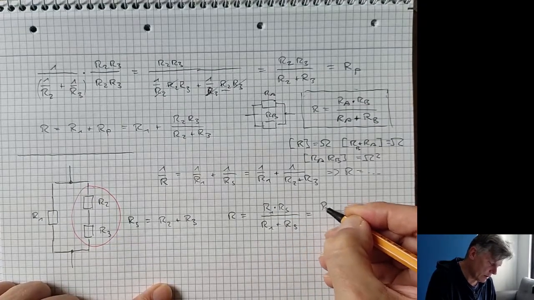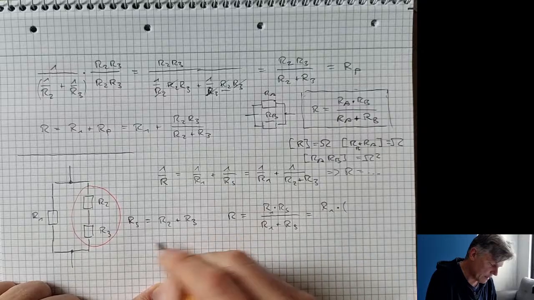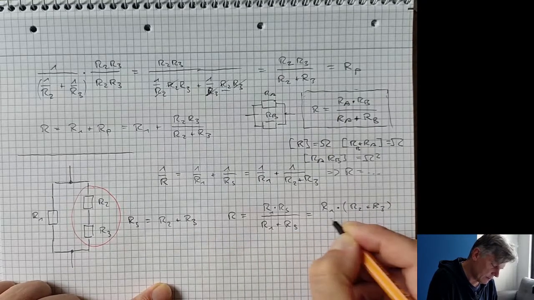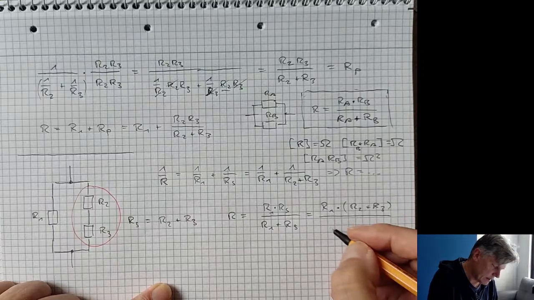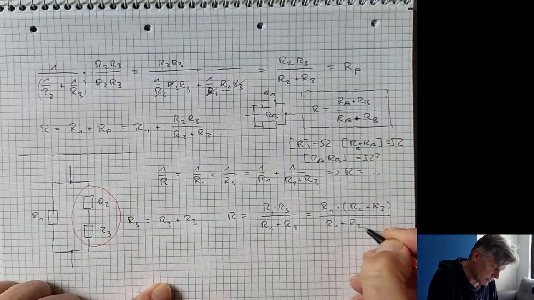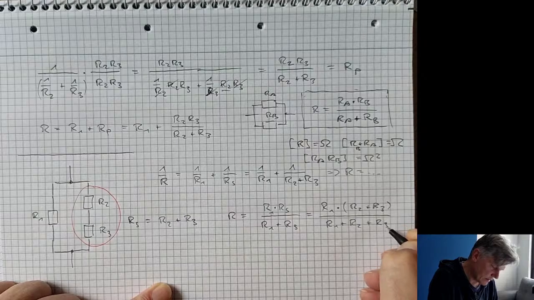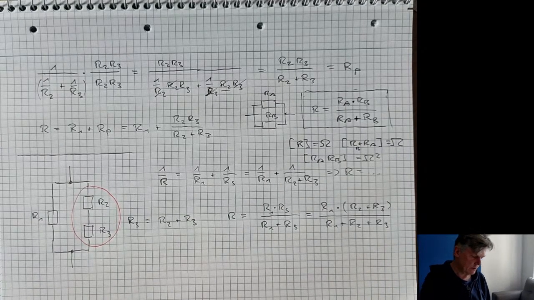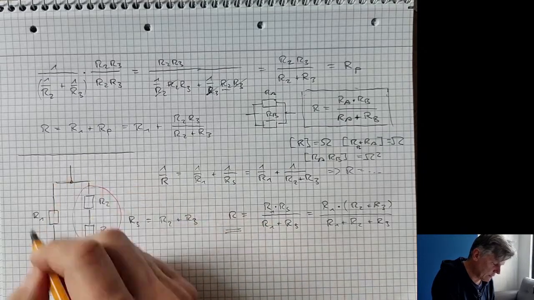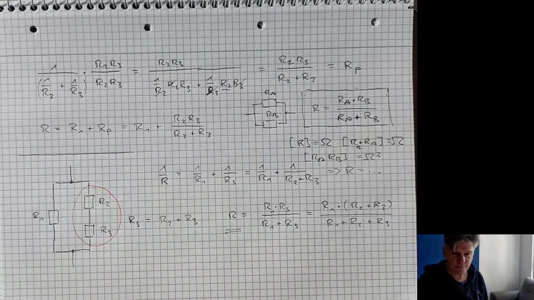And now let's fill in the values for R2 and R3: R1 times R2 plus R3, divided by R1 plus R2 plus R3. Okay, so that would be the equivalent resistance of this circuit.